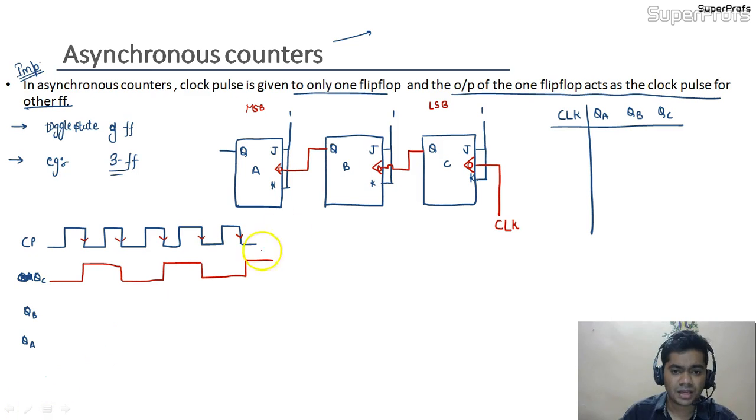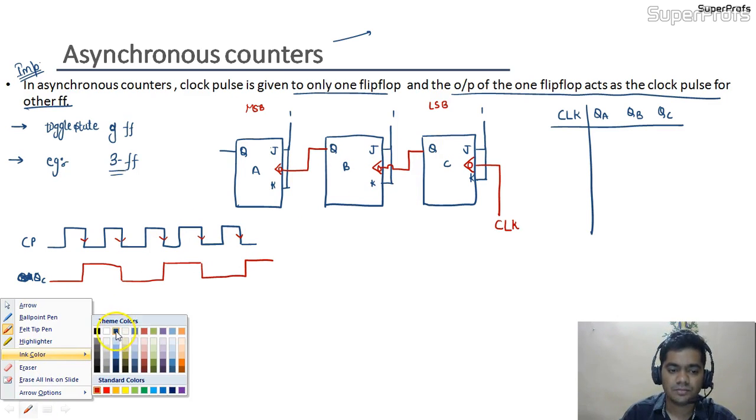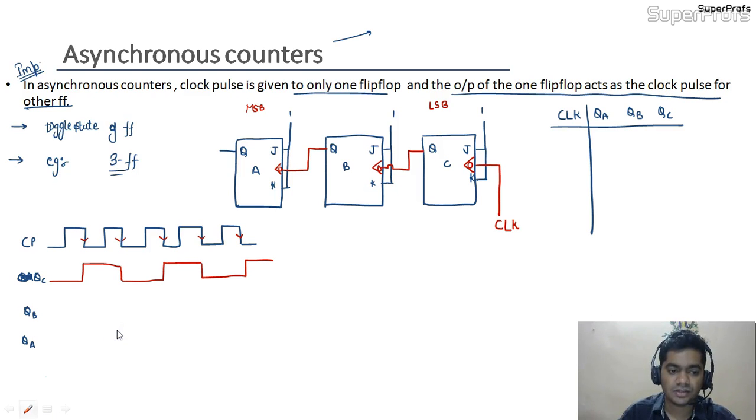Now the B flip-flop would be activated on the falling edge of QC, because QC is given as the clock pulse to the B flip-flop. It means on the falling edge of QC, the output of QB would be changed.